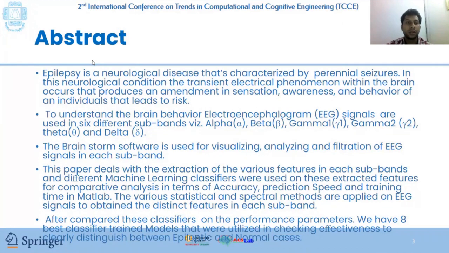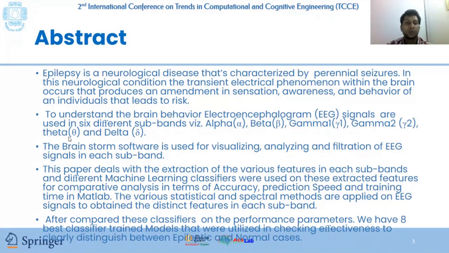In this paper, epilepsy is a neurological disease characterized by perennial seizure. In this neurological condition, transient electrical phenomena within the brain occur, affecting the sensation, awareness, and behavior of an individual, which leads to risk.